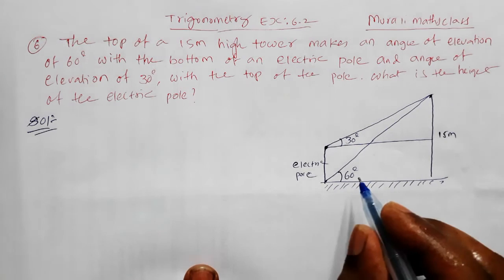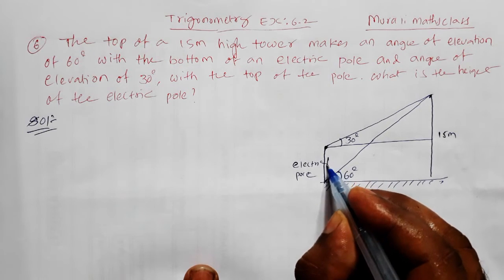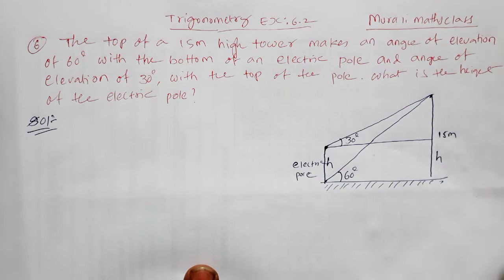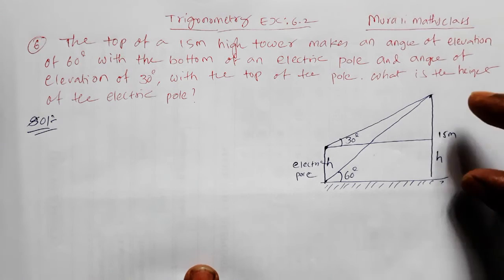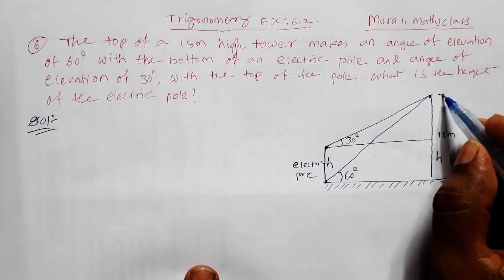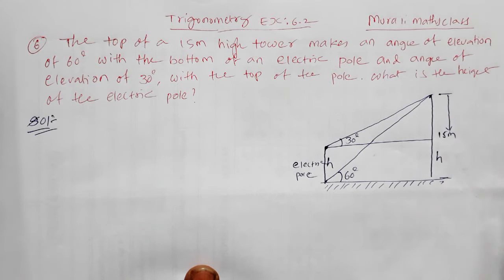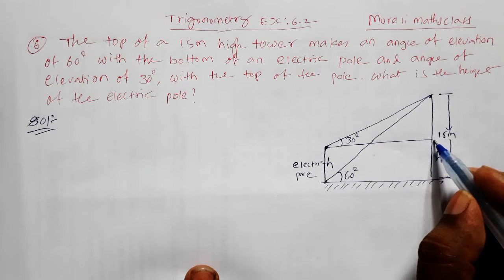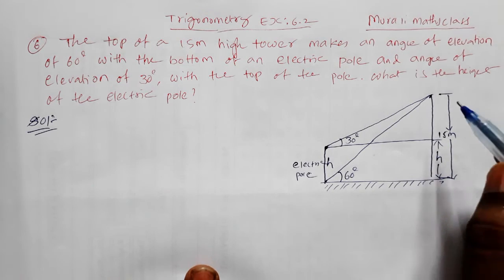Now let us mark some lengths here. Height of electric pole, let us take h. If it is h, this is also h only. And if it is h, this total is 15. Then what will be this length?